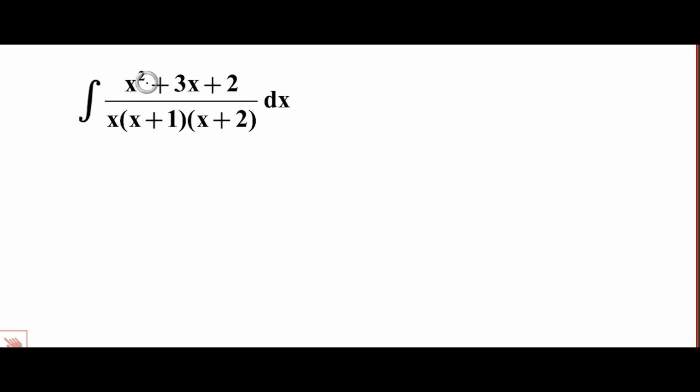The integral of x squared plus 3x plus 2 over x times x plus 1 times x plus 2 dx. Before jumping into partial fractions, always check if the numerator can be factored. Notice that x squared plus 3x plus 2 is x plus 1 times x plus 2, right?